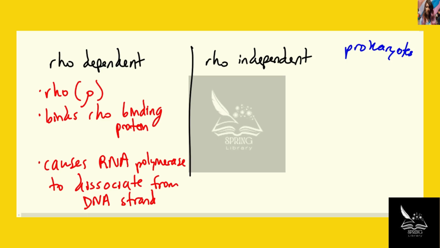Whereas if we look at rho-independent termination, once again, in prokaryotes, we don't have rho, but instead this could actually be due to a few different factors. We actually can form this hairpin.